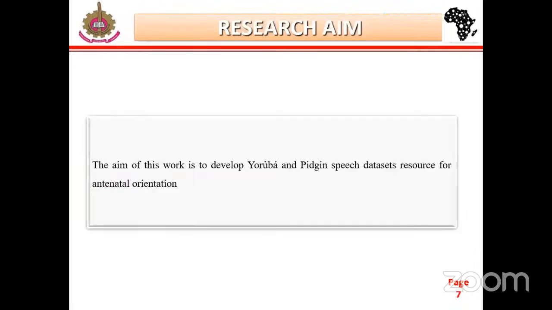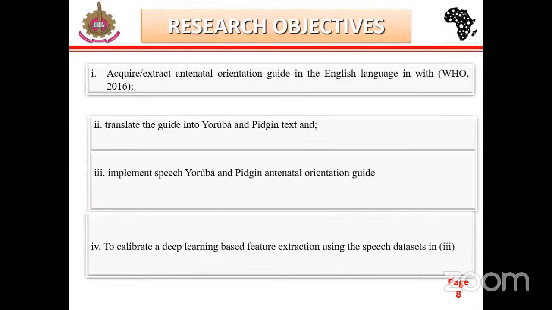And that informs the aim of this project, which is to develop Yoruba and Pidgin data set resources for antenatal orientation. My objective is to acquire or extract the antenatal orientation guide in English language in line with the WHO document of 2016 that works in this direction, and translate this guide into Yoruba and Pidgin text.